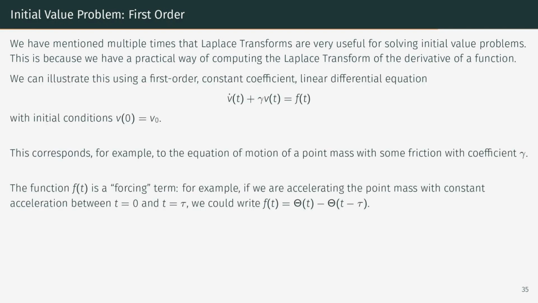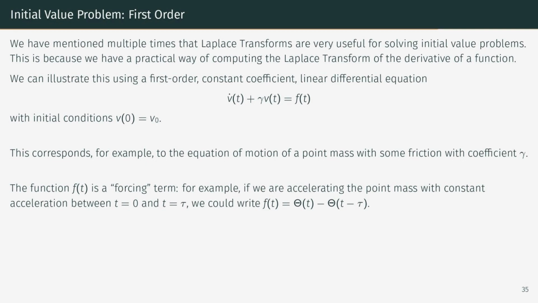We can illustrate this using a first-order constant coefficient linear differential equation. v dot of t plus gamma v of t equals f of t, with initial condition v of 0 equal to v0. This corresponds, for example, to the equation of motion of a point mass with some friction with a coefficient gamma.